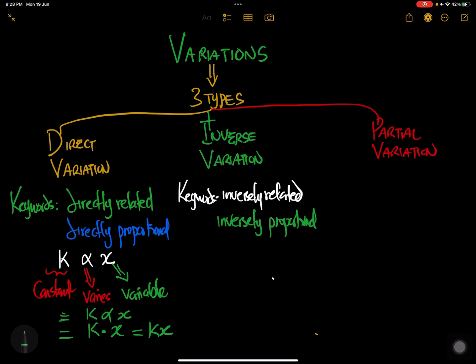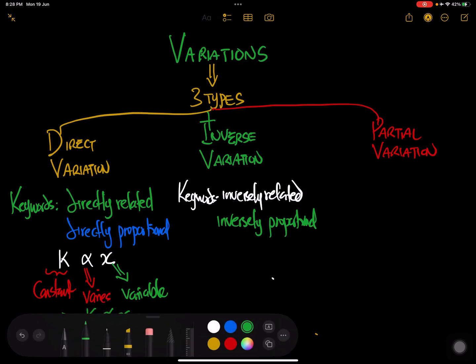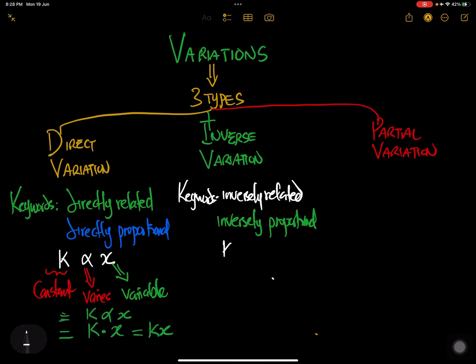Now, what do we do about this? We're still going to introduce a constant, k, and use our variation symbol: k varies with the inverse of the variable, which is 1 over x. This is our variable, and the inverse of it is to reciprocate it.